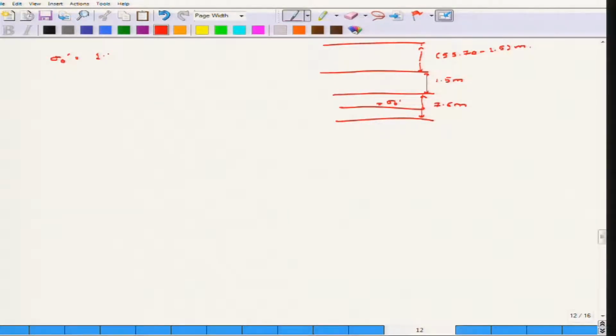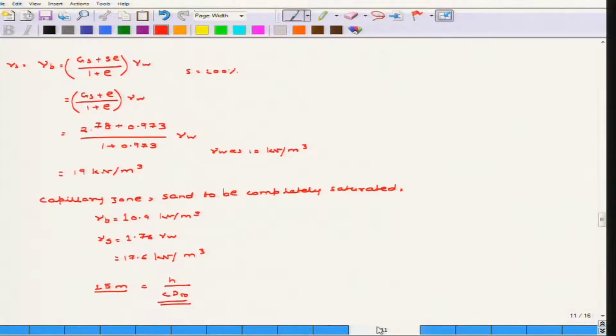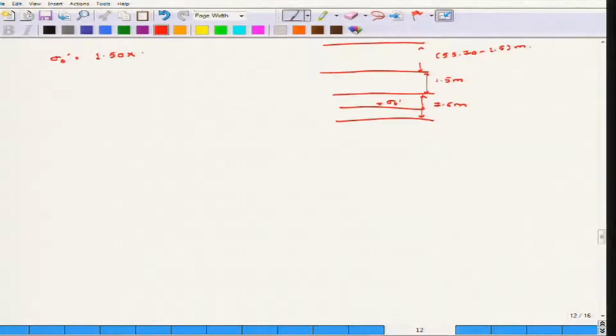So, if you find it out, then this is 1.50 into, now what is the unit weight of sand at that point, is 17.6. So, 17.6 kilonewton per meter square. This is for this layer. For half of the clay it will be 7.6 by 2 plus, 19 minus 10 kilonewton per meter square.